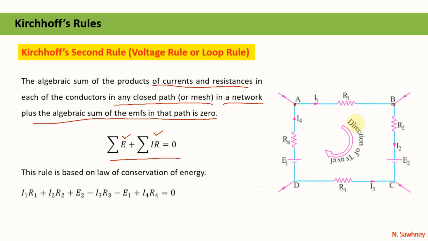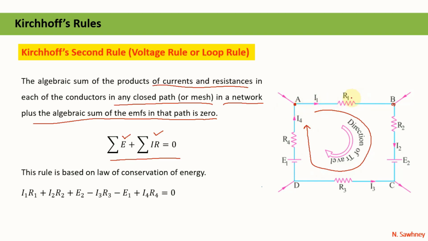So here let me start from node A. When we are moving from node A, we have to come back traveling this entire path to A. Now let us start traveling.